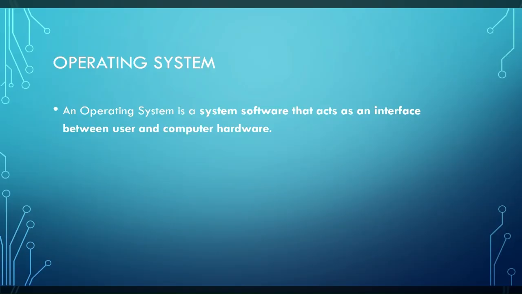See, if I am pointing like this with the cursor on the screen, then how this cursor is being displayed on the screen and how my hand movements are being interpreted by the computer, that is the function of operating system. See, here it acts as an interface between user and the computer hardware.